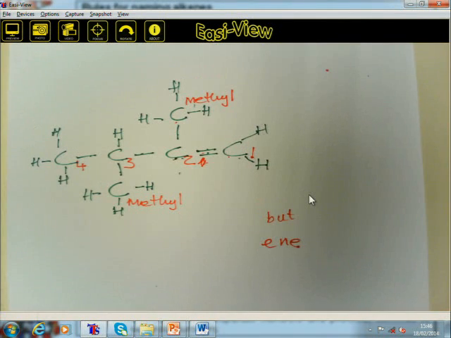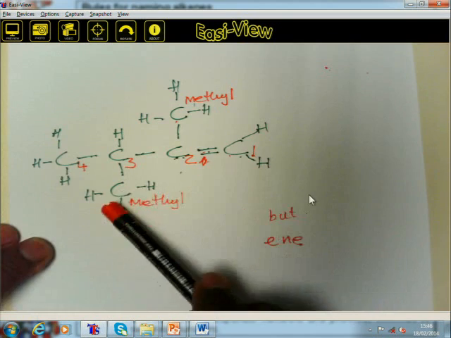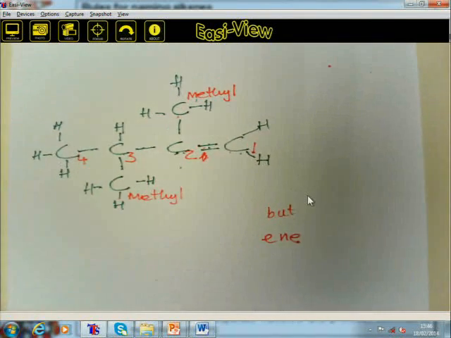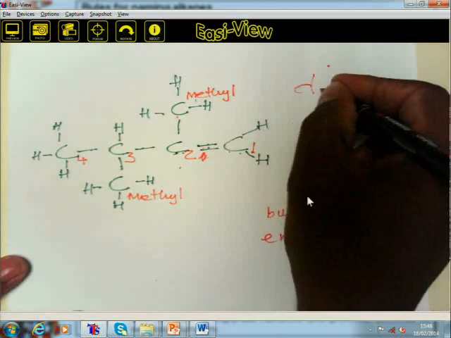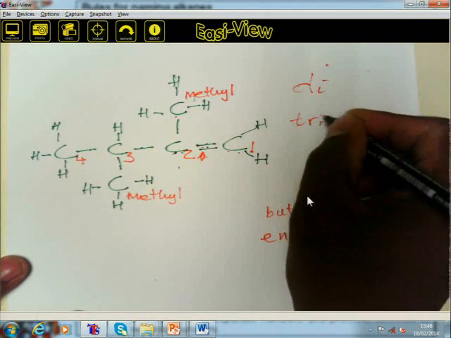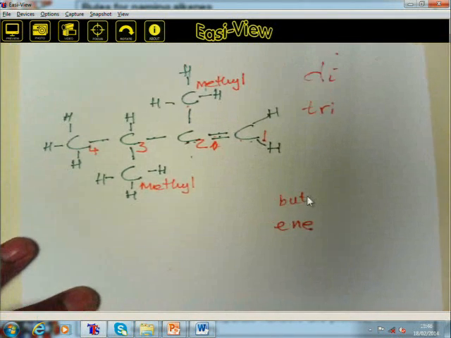So according to the rules, if on the compound you've got identical substituents, if there are 2 of them, you will use di for 2. And if there were 3 of them, you will use tri for 3. All right? So let us give the name to this one.